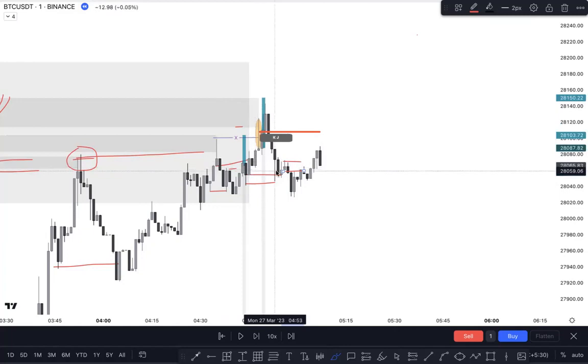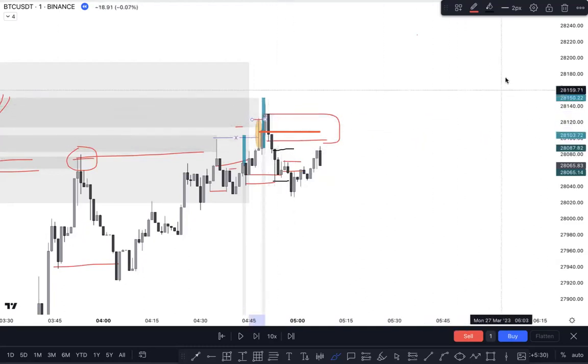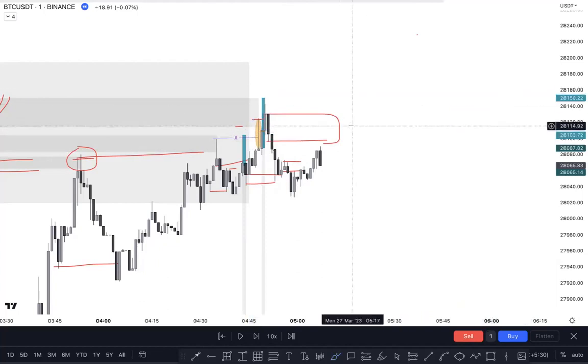Exactly. This demand converts into supply, and if the market creates a valid inducement here, then we can sell here. But the problem is the market did not create inducement, and next, the next pullback did not sweep this high. If it swept this high, then we could also sell here.